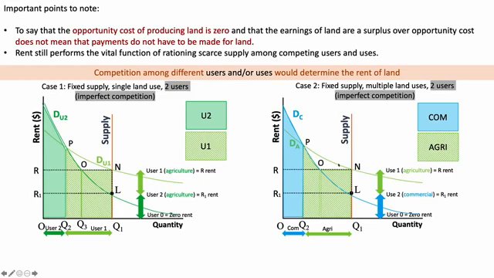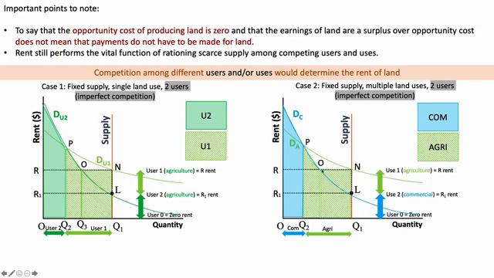So the demand is high for agricultural use between quantity Q2 and Q1, and therefore the rent generated by agricultural user would be greater than the commercial user between quantity Q2 and Q1, and the rent therefore would be determined by the earning, agricultural earning, which corresponds to point N at R rent.